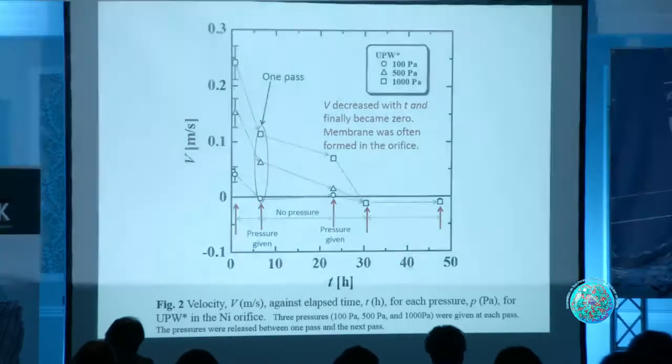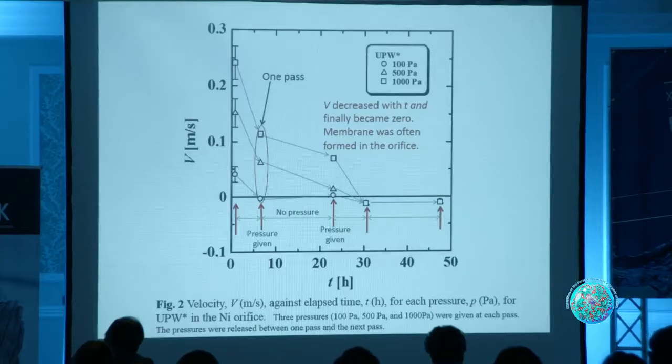This slide shows velocity v, meter per second, against elapsed time t, hours, for each pressure p, Pascal, for UPW asterisk in the Ni nickel orifice.